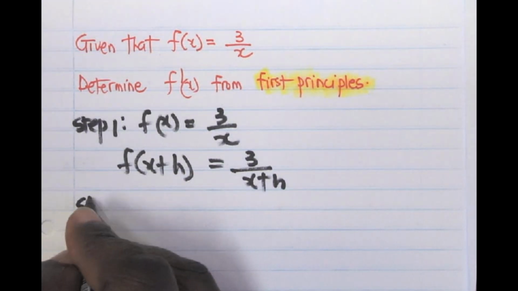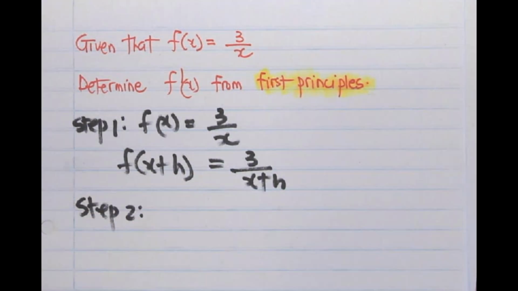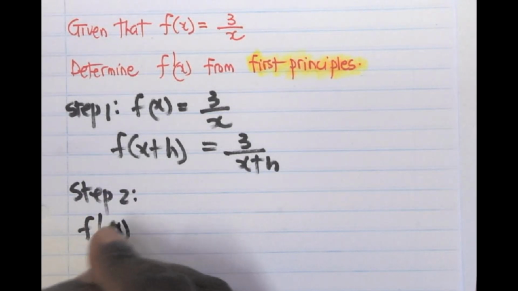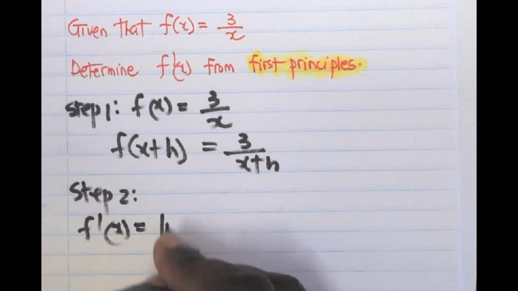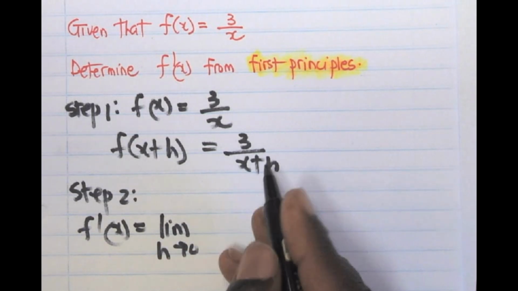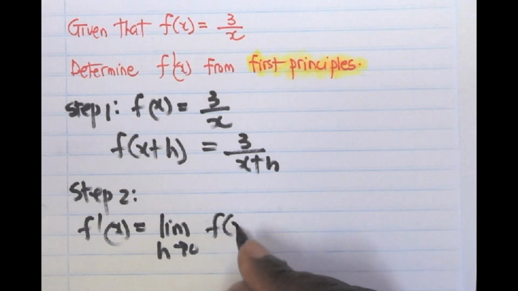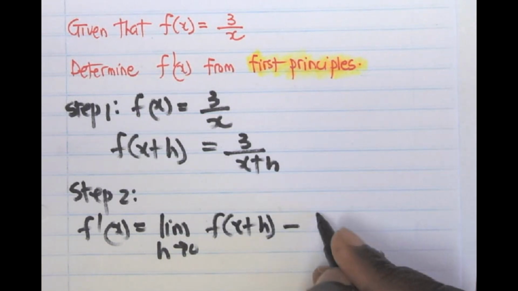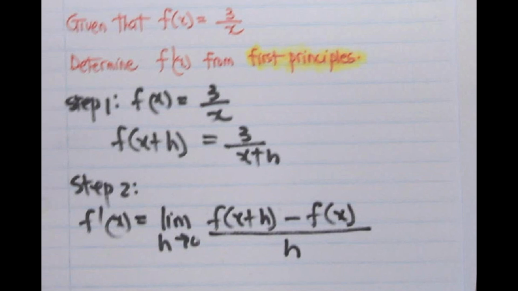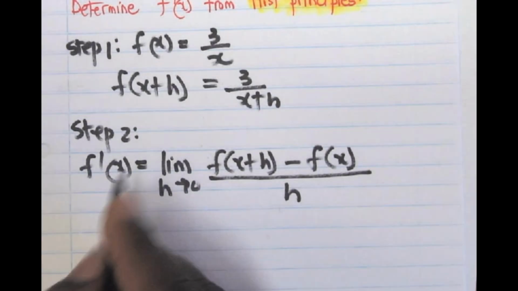Step number 2, I'm going to write down the formula. The first derivative of f of x is equal to limit as h approaches naught of f of x plus h minus f of x, everything over h. Now let's do the substitution.